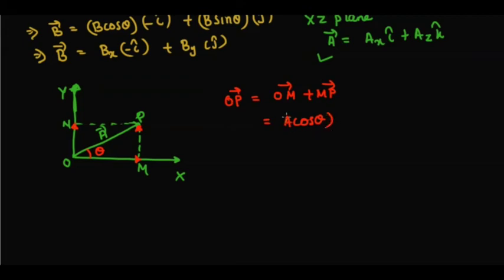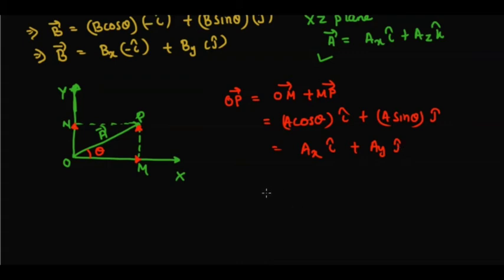OM vector is nothing but A cos theta into i cap, plus MP vector or ON vector is nothing but A sin theta into j cap. So this A cos theta is Ax and then i cap, plus A sin theta is Ay and then j cap. Is that clear? Okay.